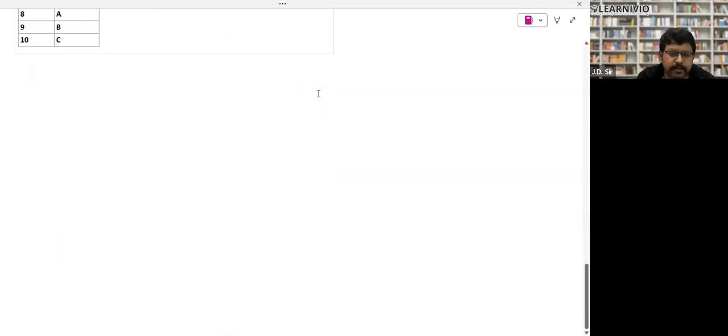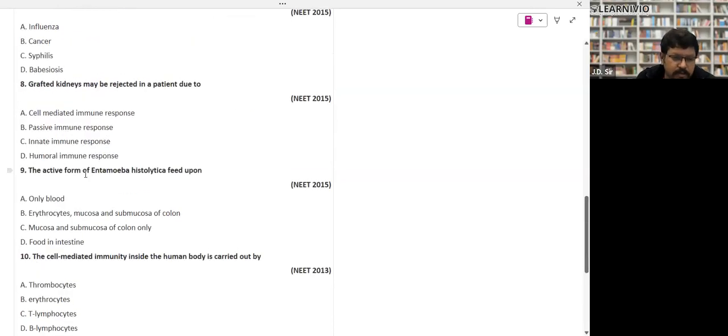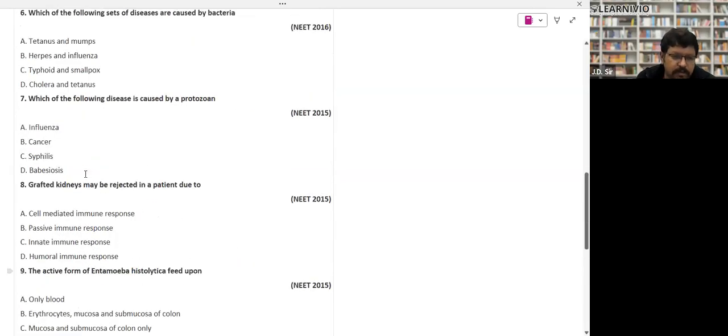C. Seventh. No, no, it's D. Babesiosis. Look, syphilis is caused by... Babesiosis. Just a minute. Let me check this.